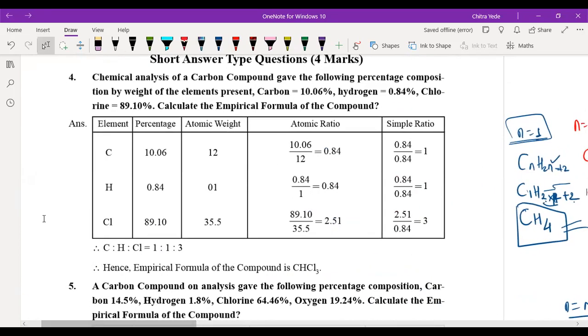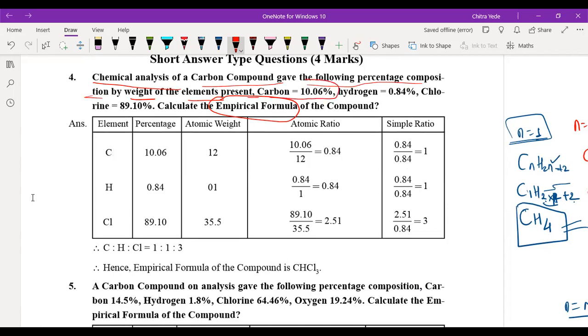Okay, so here we have the fourth question on empirical formula, the simplest atomic ratio. The chemical analysis of a carbon compound gave the following percentage composition by weight of the elements present.